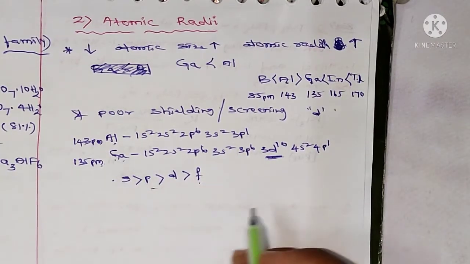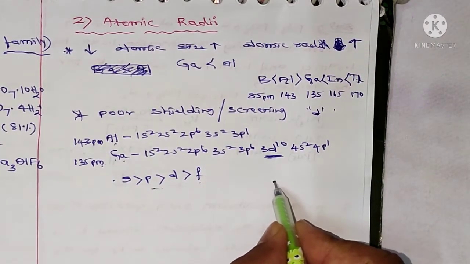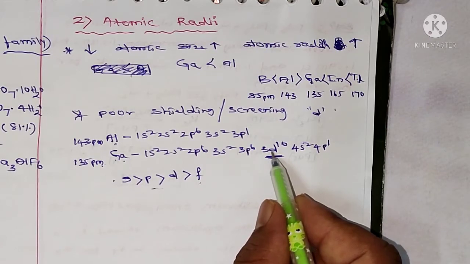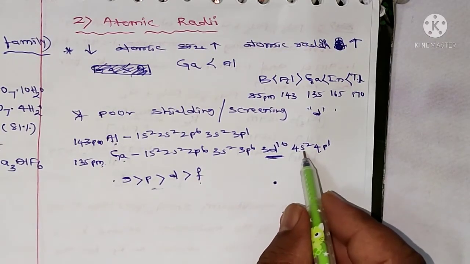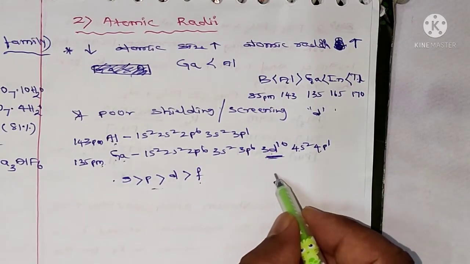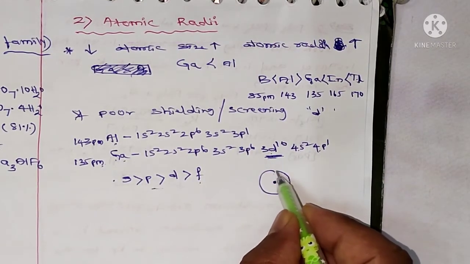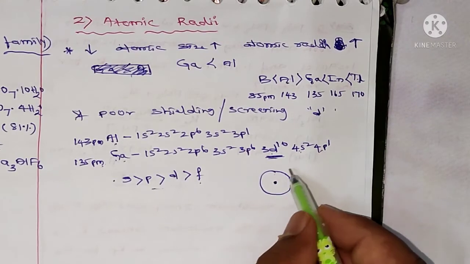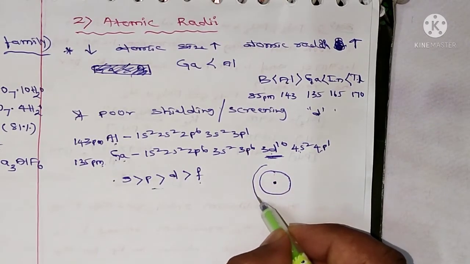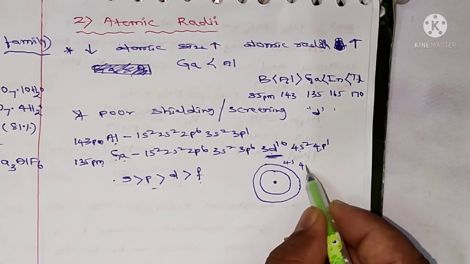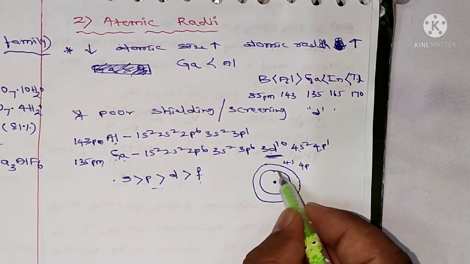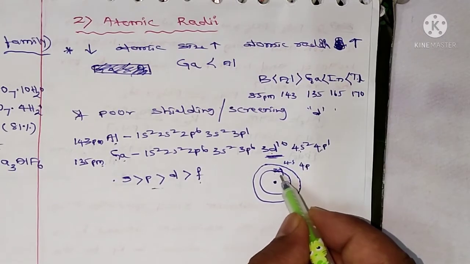If I take gallium, this is the nucleus of gallium, and the outermost orbitals are 4s and 4p, and before those we have the 3d orbital. In this orbit we have 4s and 4p, and in this one we have 3d orbitals.